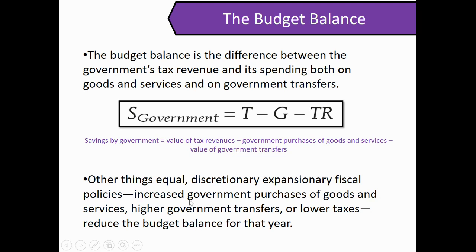Okay. Now, we want to make sure that we try to have a balanced budget. That's the goal. We don't want to have this huge deficit spending, but it happens. We've become very accustomed to having deficit spending.